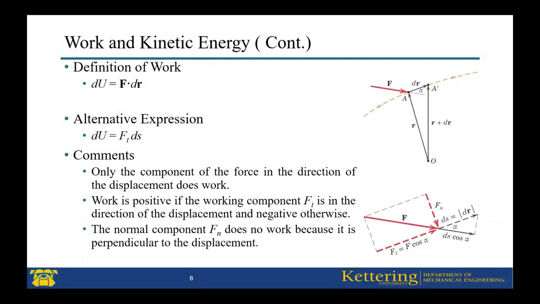From this, if I write Fn instead of F, and dr is also a displacement, but what's the cosine alpha? This is Fn, this is ds.